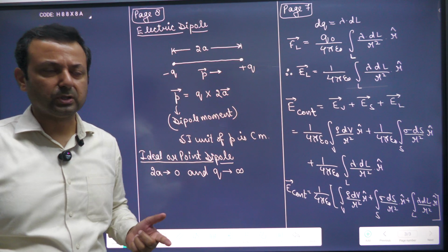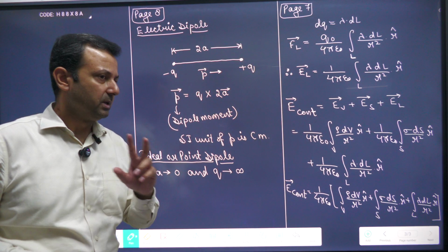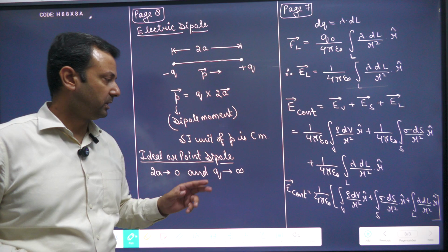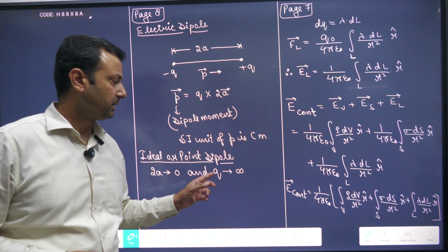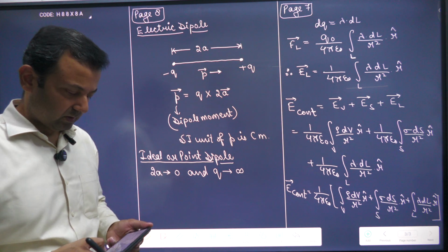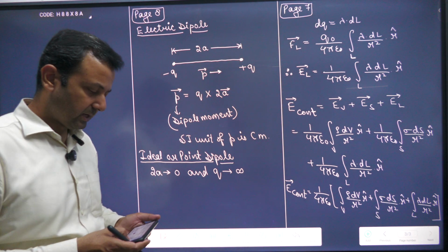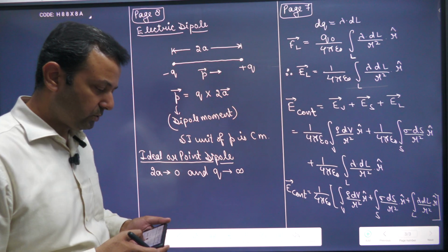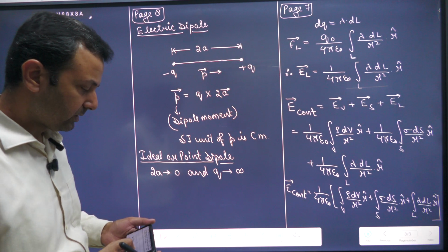Nothing can be exactly equal to infinity, that's why I am writing here that q tends to infinity. Infinity means it is a very large term, in such a way that the dipole moment p equal to q into 2a has a finite value.